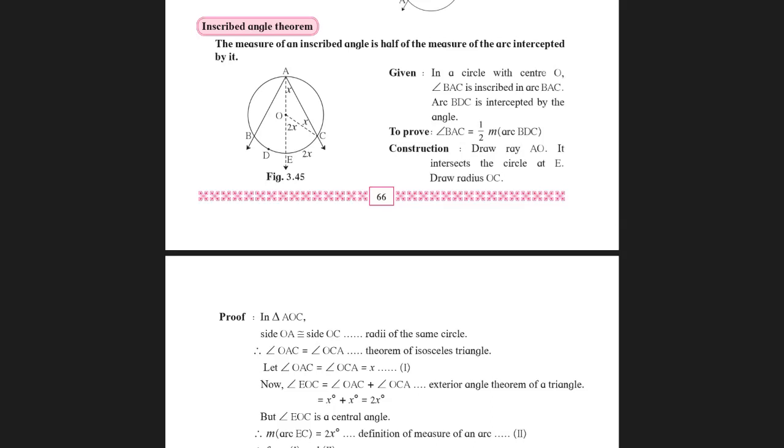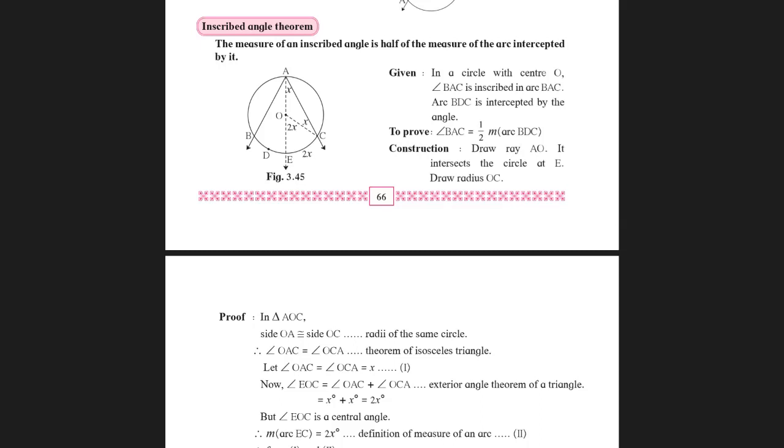So the theorem says the measure of an inscribed angle is half of the measure of the arc intercepted by it. Now, which is the inscribed angle in the figure and which is the arc intercepted by the angle? If you look at the figure, O is the center of the circle, and angle BAC is the inscribed angle.